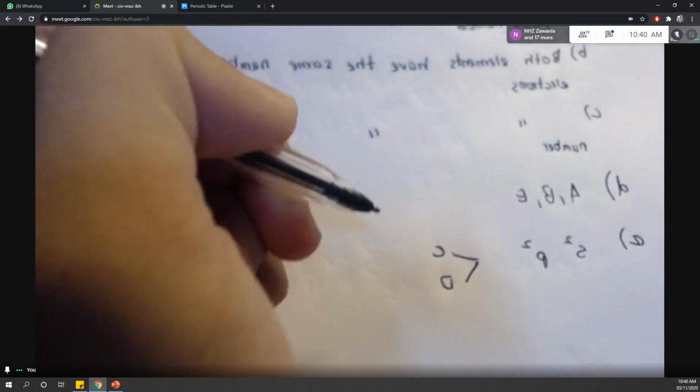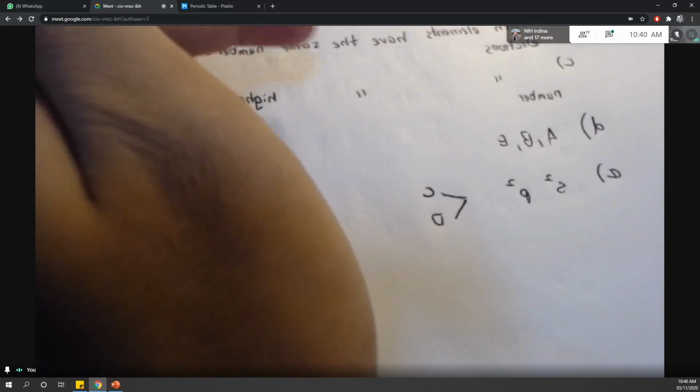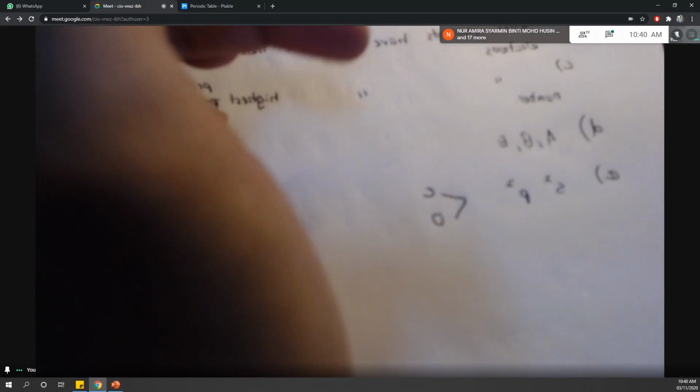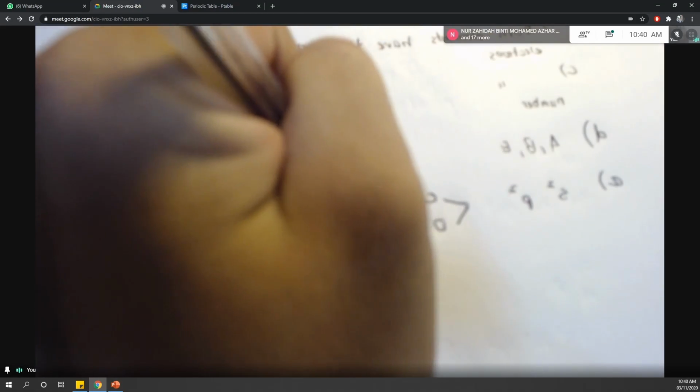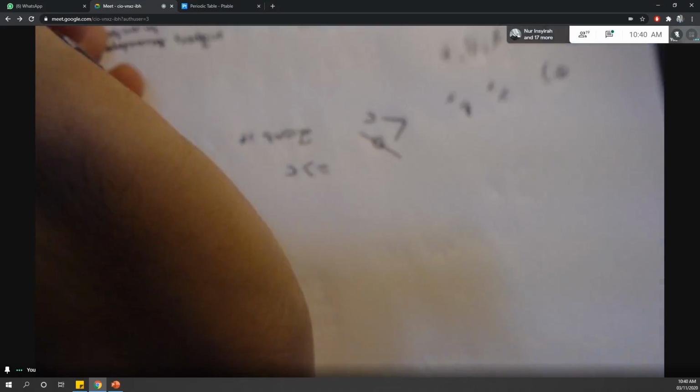So C and D kan? So either C or D. So, and then apa lagi kita dapat tahu? Valence electron dia berapa? So 4. So 4 dia group 14. So which one is group 14? C or D? Yes. So jawapan dia is C. Okay. Boleh?